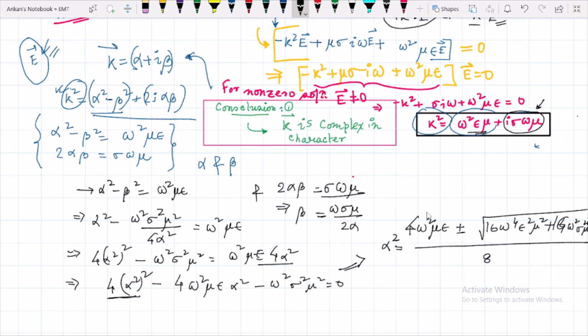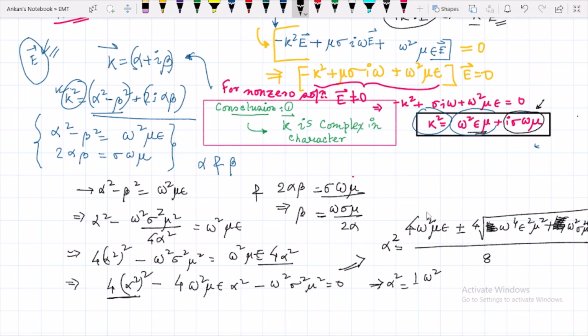Now take 4 from this. If you take 4, then this will not be present here, so the 4s cancel out, and we will obtain alpha square as omega square.